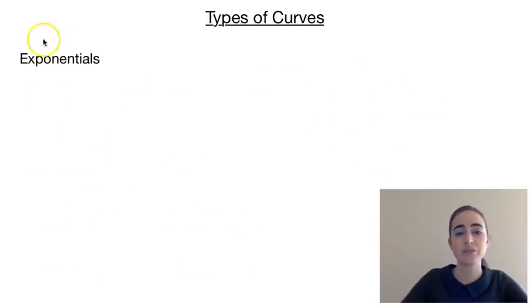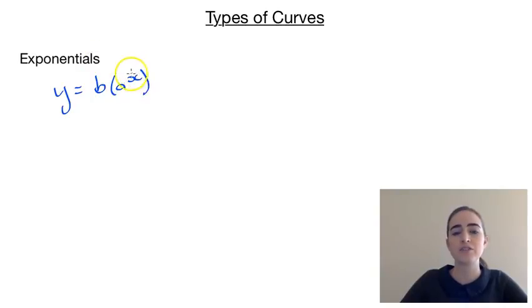The last type of curves that we looked at were exponentials. They have equations in the form y equals b times a to the power of x. You can recognize exponentials because of that power, the x is in the power. So we've got two variables here. Our a tells us the steepness of our graph, and again it tells us whether it's increasing or decreasing.